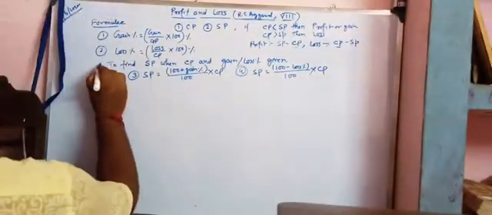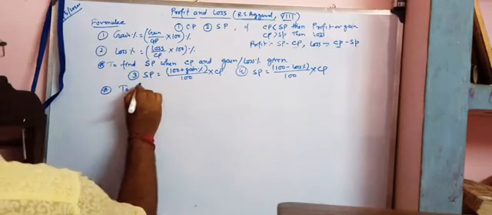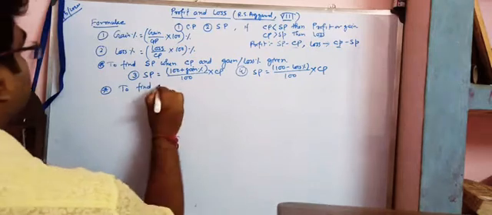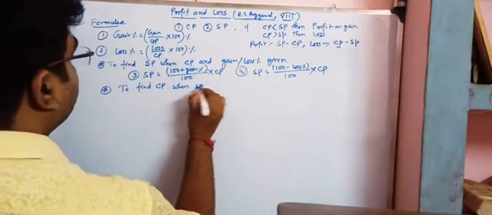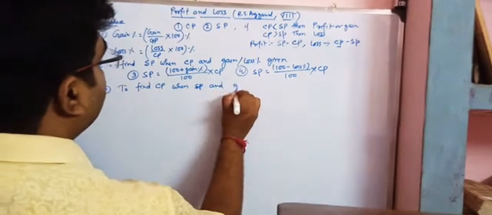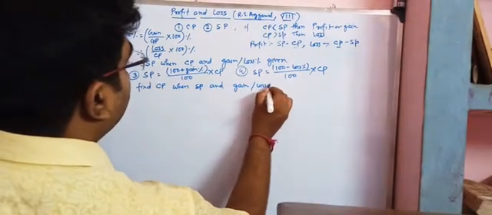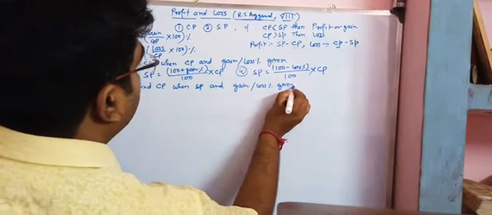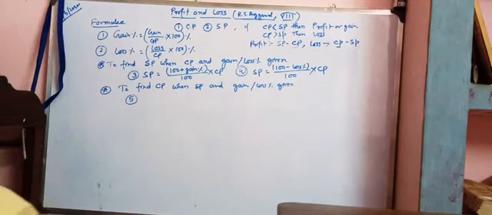Next, to find CP when SP and gain or loss percent are given. Okay, so let us come to formula number 5.